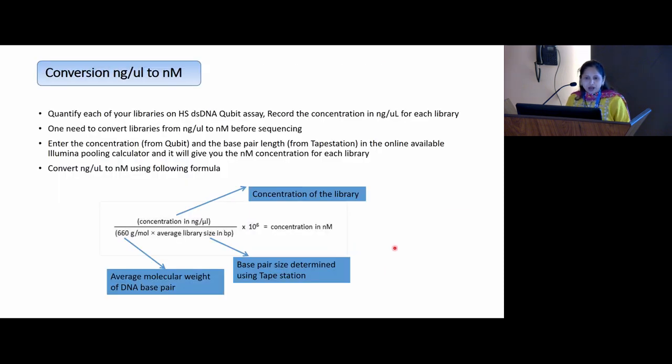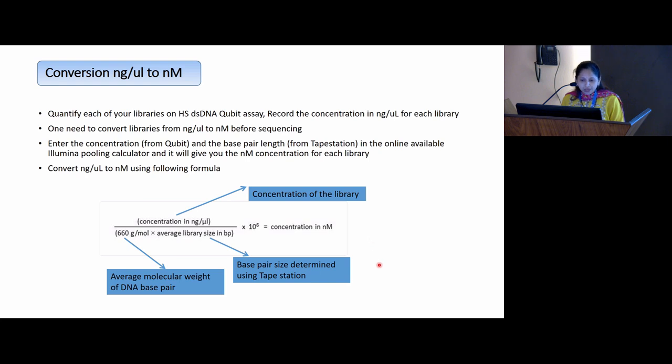First of all, after getting a Qubit count of any library, we need to convert that nanogram per microliter reading to nanomoles. So first you need to quantify your libraries on the high sensitivity DNA Qubit assay and record the concentration in nanogram per microliter for each library. Then we need to convert this nanogram per microliter concentration to nanomolar before sequencing.